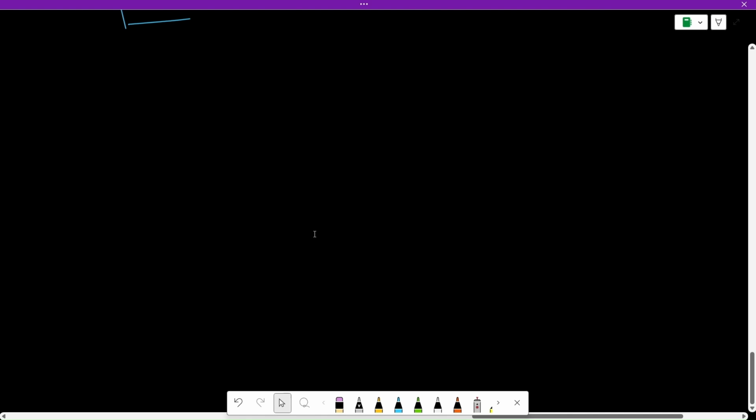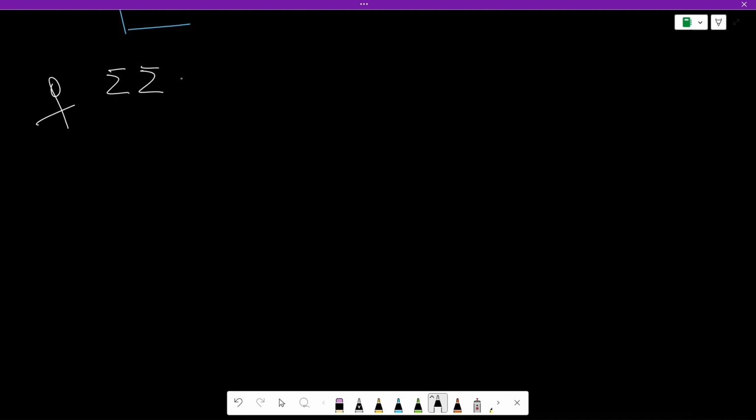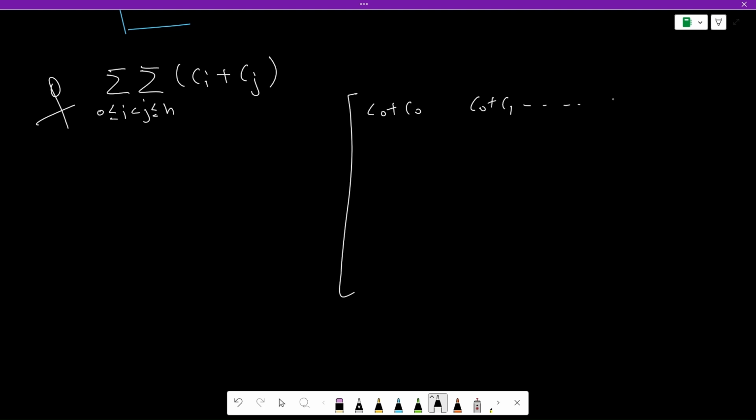Now let's see another example. So this is the summation ci plus cj, with 0 less than or equal to i less than j less than or equal to n. Right, now let's see the matrix again. So the matrix will be c0 plus c0, then c0 plus c1, so on up to c0 plus cn.